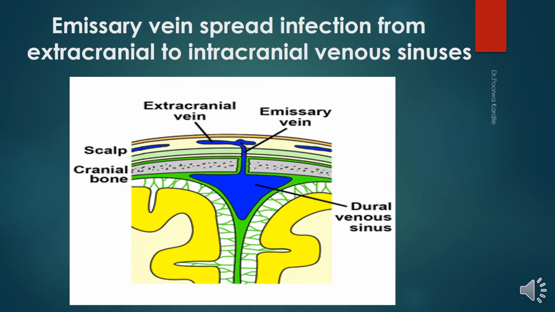The veins of Vesalius connect pterygoid plexus with cavernous sinus. And 10th is the middle meningeal vein. It connects pterygoid veins with cavernous sinus. Thus, these Walde's emissary veins spread infection from extracranial to intracranial venous sinuses.